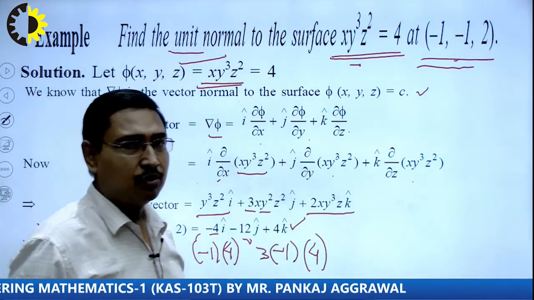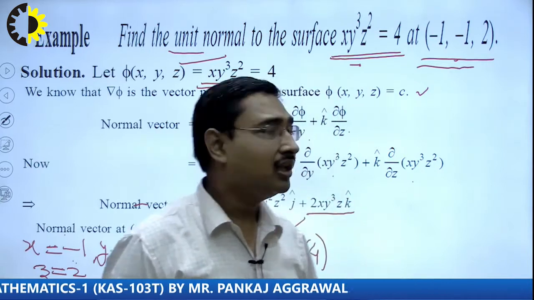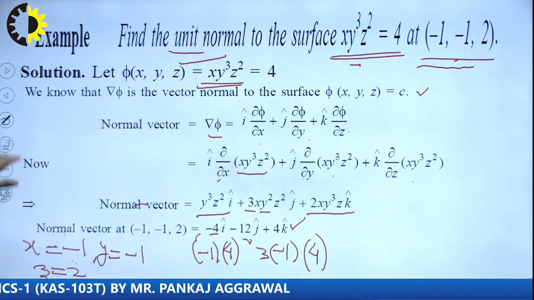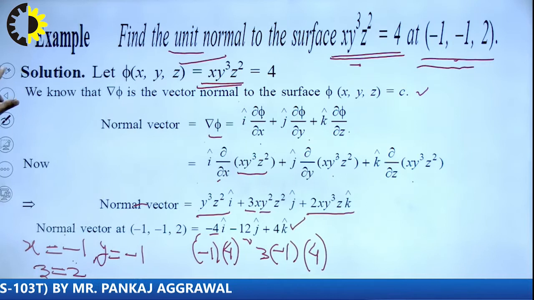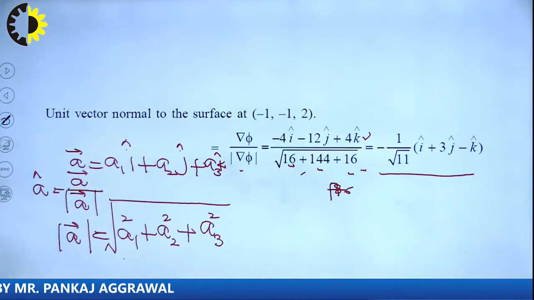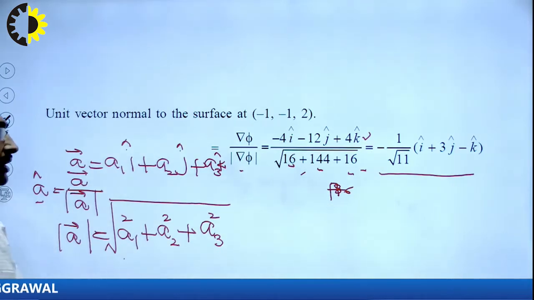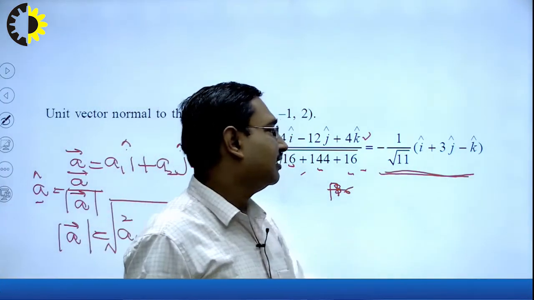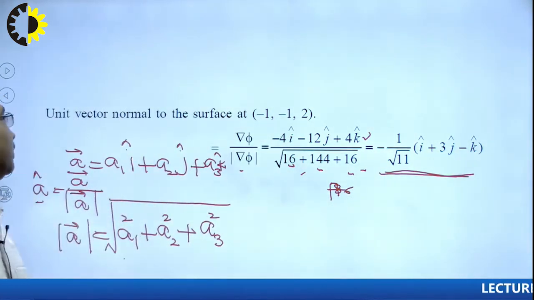Because we were supposed to find the unit normal vector, this vector grad phi was converted to a unit vector using unit vector A is vector A upon its modulus, and this is the value of the required unit vector.